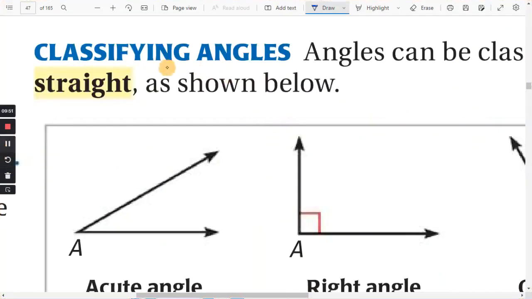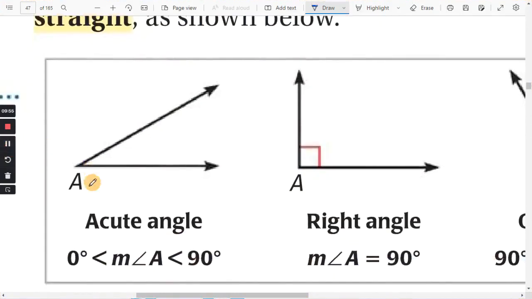Okay, moving on to classifying angles. So right here we have an acute angle, and that's between 0 and 90 degrees. I just think of it as less than 90 degrees. It always has to be greater than 0, because you can't have a negative angle, at least not in this application.